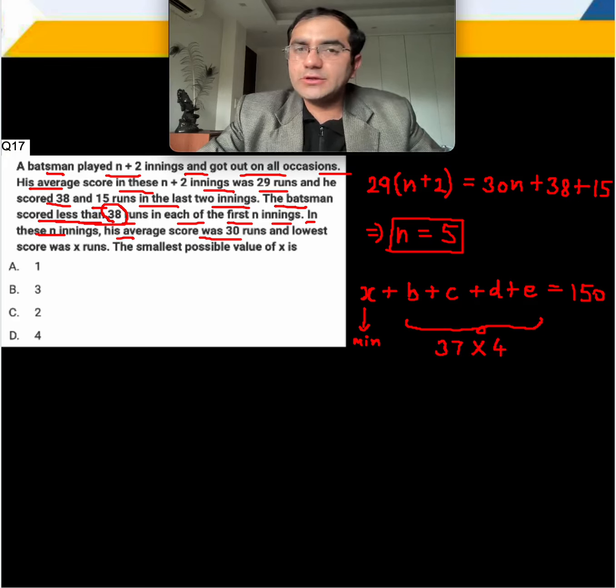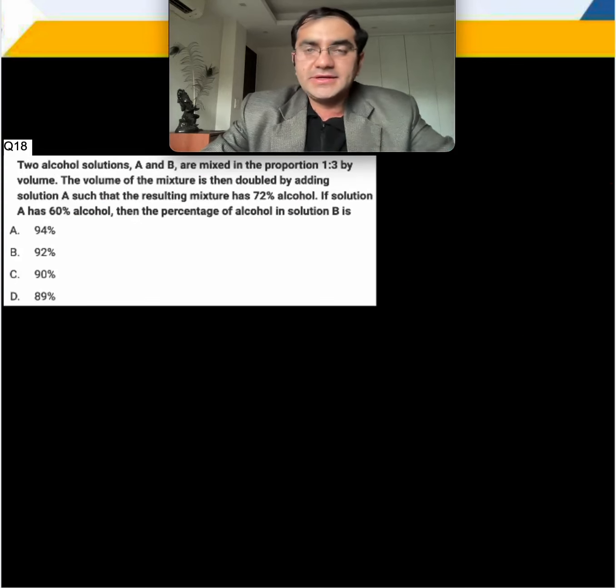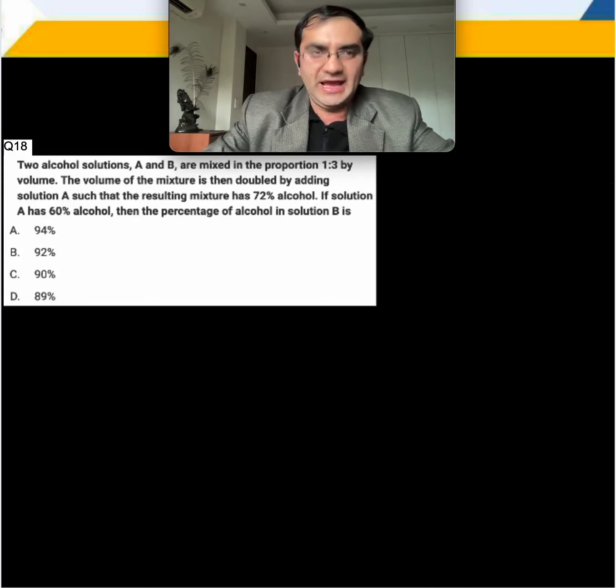What is 37 into 4? 148. Out of 150, if 148 has gone over here, then x becomes 2. So your answer is 2 for this particular question. Nice question on maxima minima. A nice and interesting question on averages depending upon how you interpret it.